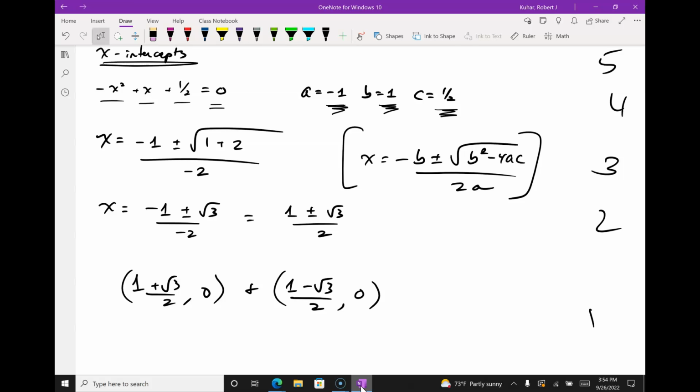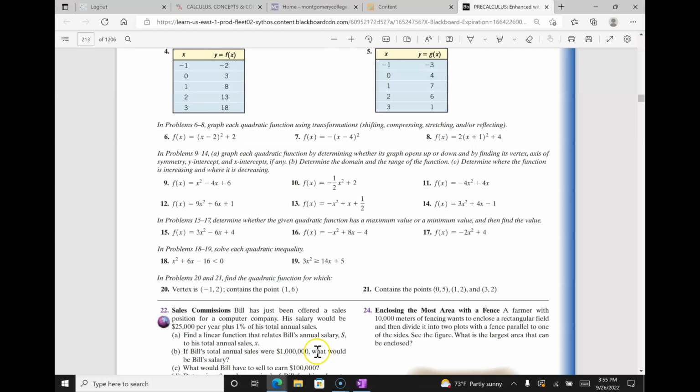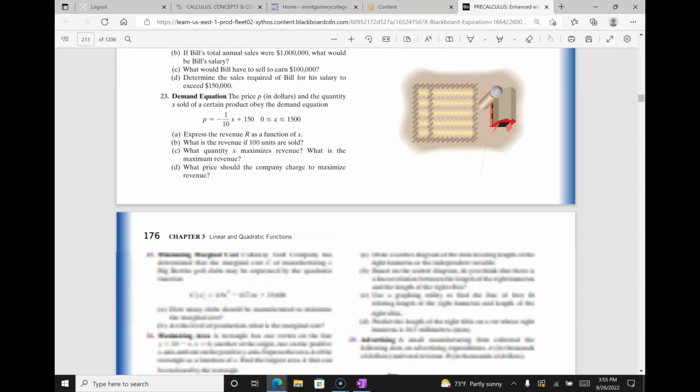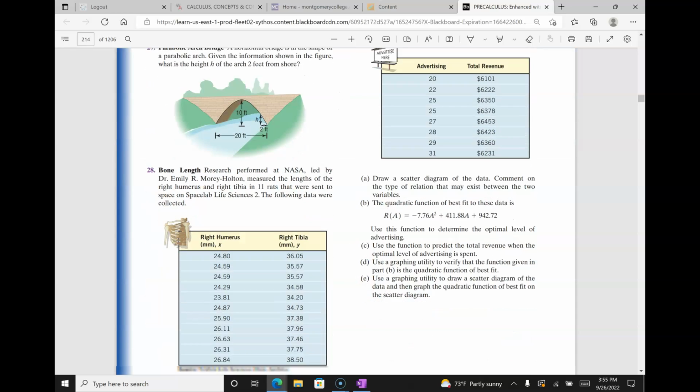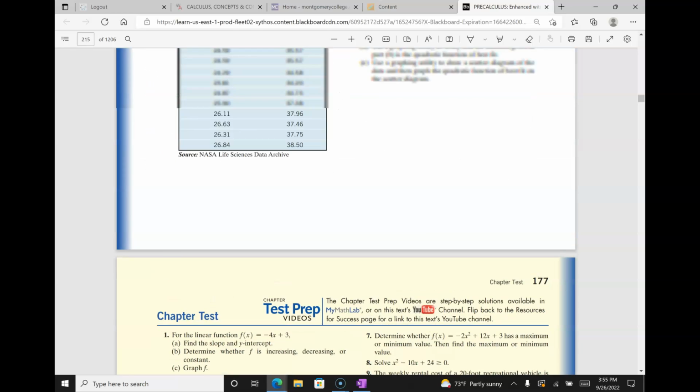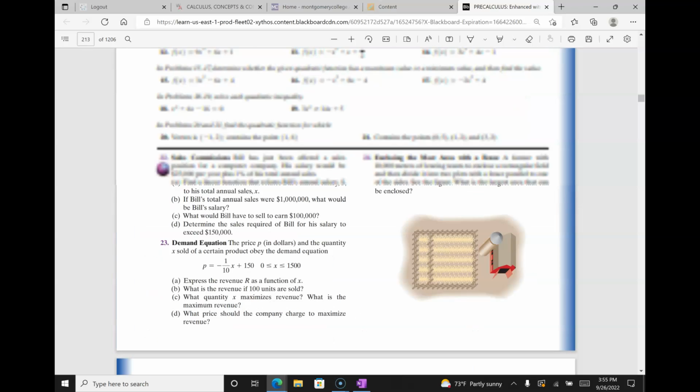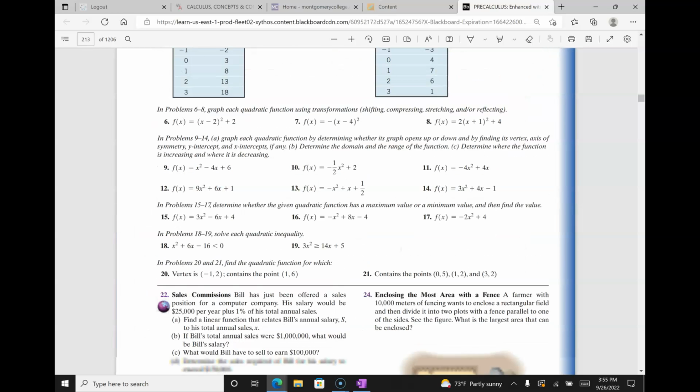I want to do the sign table finally. Okay, here we go. Sign table. Where is it? Am I in the right spot? Oh yeah, here it is.